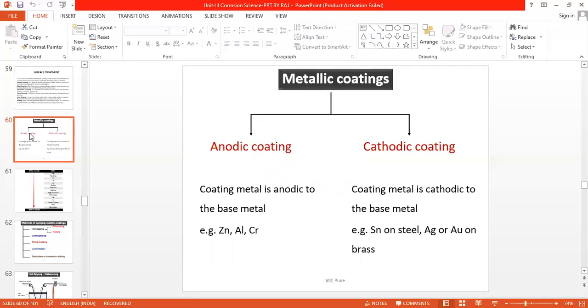It acts as anode and gets corroded, whereas the metal placed relatively at a lower position is chemically less active, acts as cathode and gets protected from corrosion.